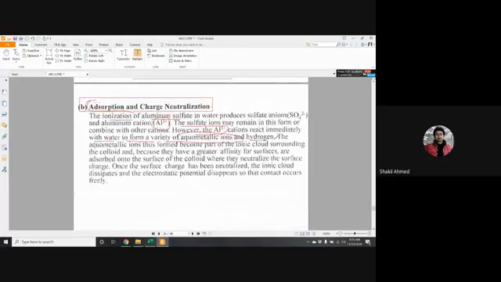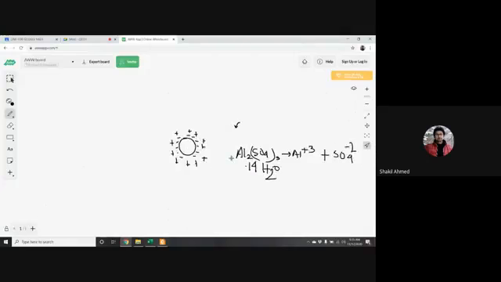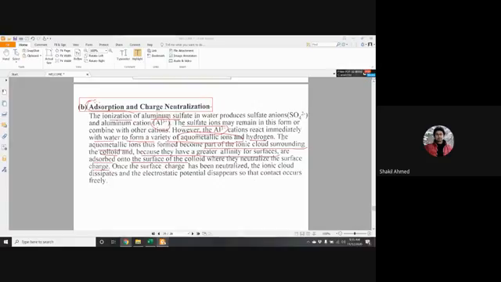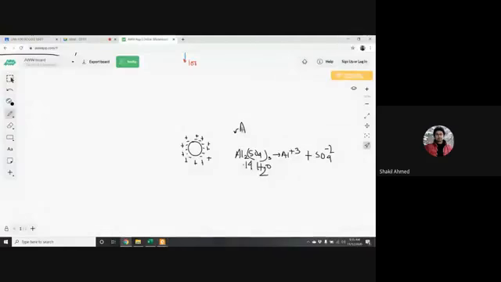And hydrogen. The aqua metallic ions become part of the ionic cloud surrounding the colloid, and because they have greater affinity for surfaces, are adsorbed onto the surface of the colloids where they neutralize the surface charge. And what happens? These aqua metallic ions, for example, as I told you, AlOH2 plus, right?